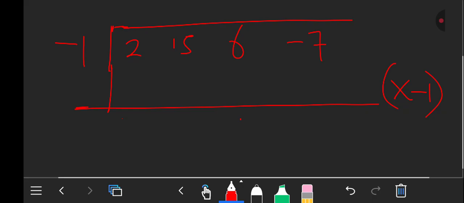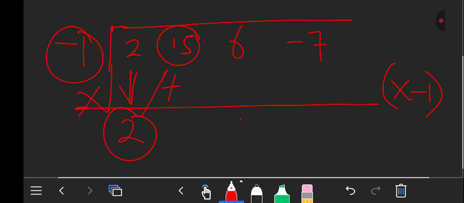So the first thing you're going to do, just drop this 2 here. Then you'll be multiplying negative 1 by this. The answer you get, add that. So here we are saying add, here multiply. So you say negative 1 multiplied by 2, that is negative 2. Then what is 15 minus 2? 15 plus negative 2, that is just 15 minus 2, which is equal to 13.